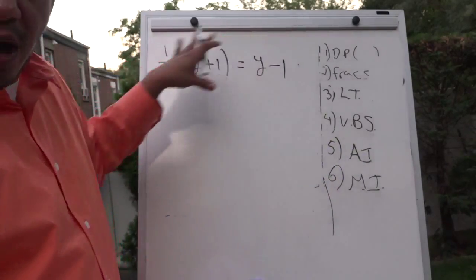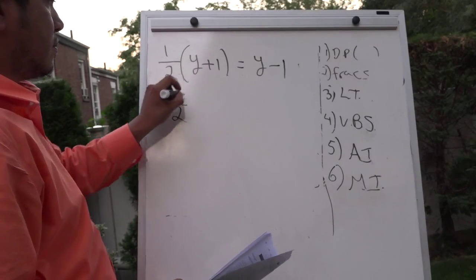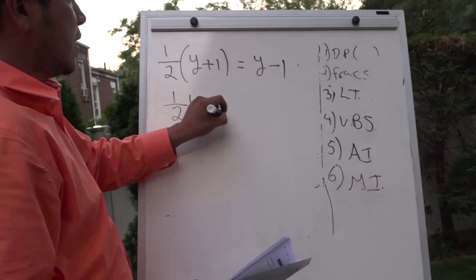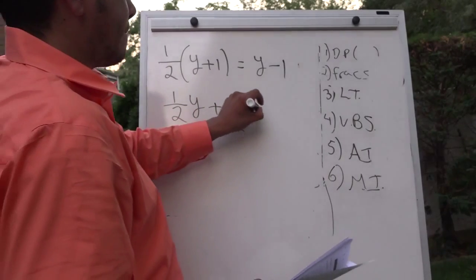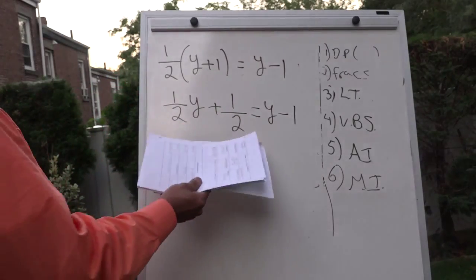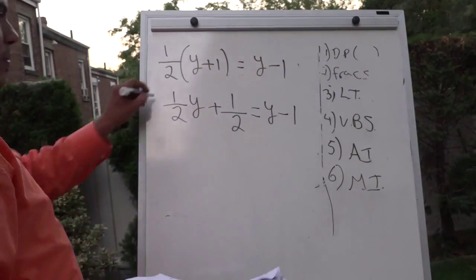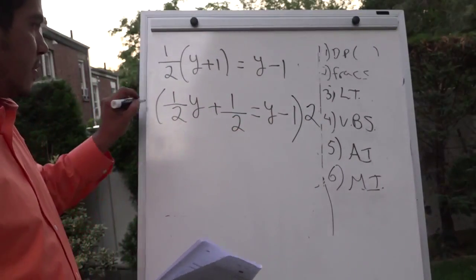All right, distributive property, yes. If you have any questions of how I got this, then ask. Now I have fractions. I find common denominator. Make sense?